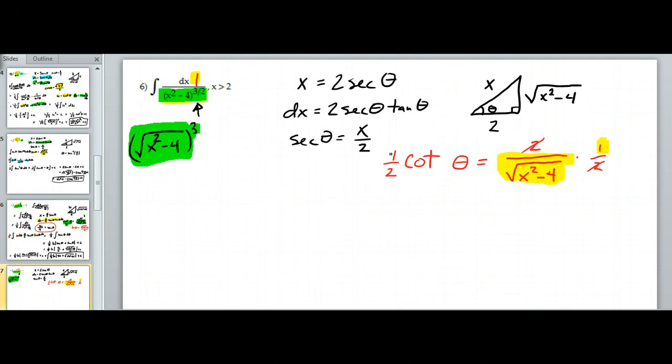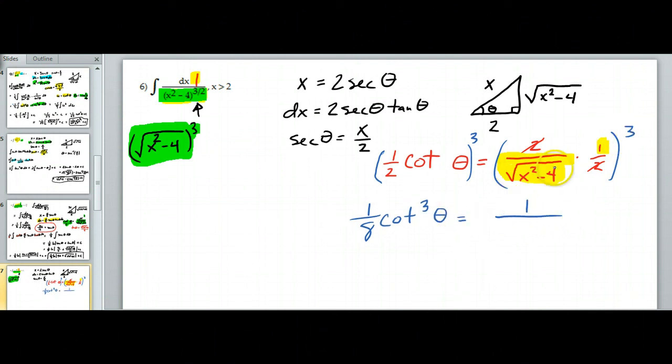And if I take both sides of this, and all that's remaining here, and I cube it, I get 1/8 the cotangent cubed theta equals, now we just have a 1 up top, 1 over all of this cubed is x squared minus 4 to the 3 halves.